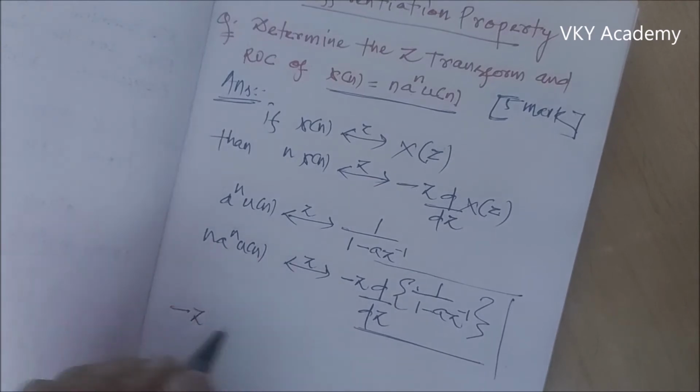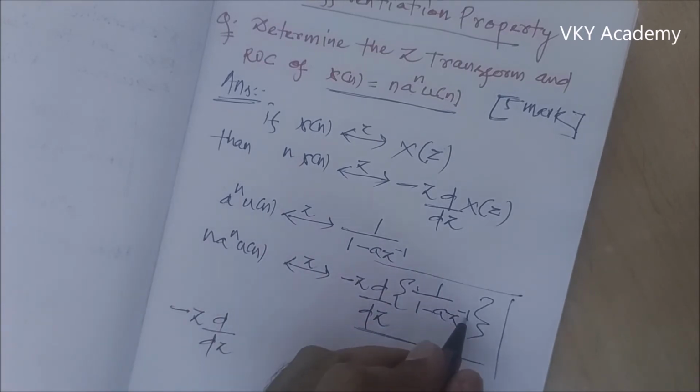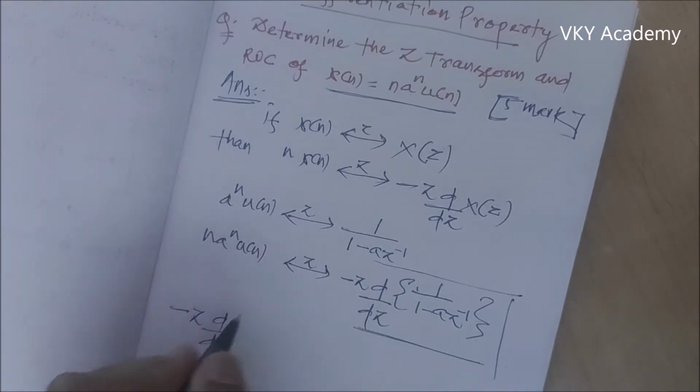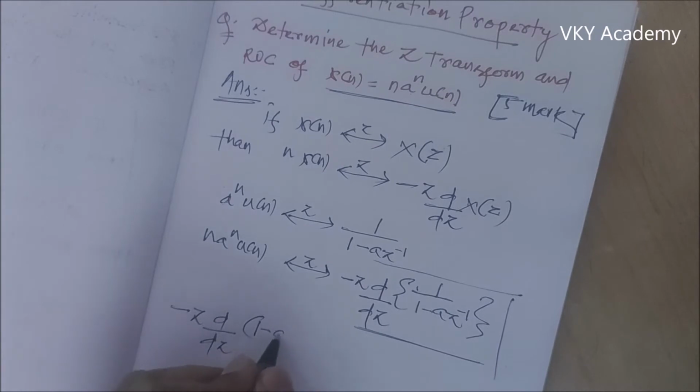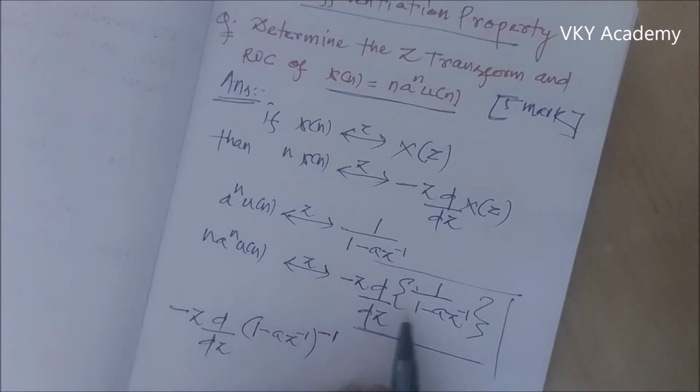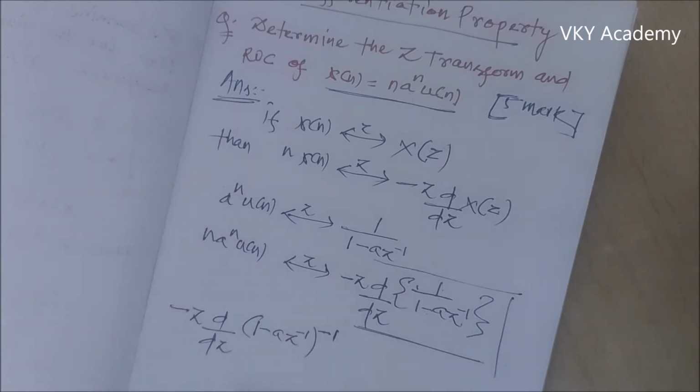Minus z d by dz of 1 by 1 minus a z inverse can be written as 1 minus a z inverse whole to the power minus 1. You can also solve this by taking the derivative of u by v, but I have taken it as a single function.